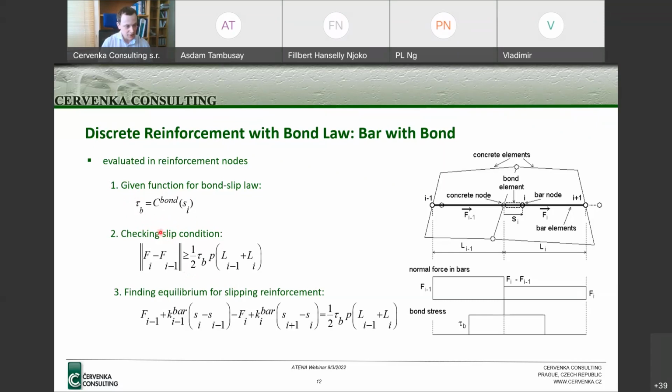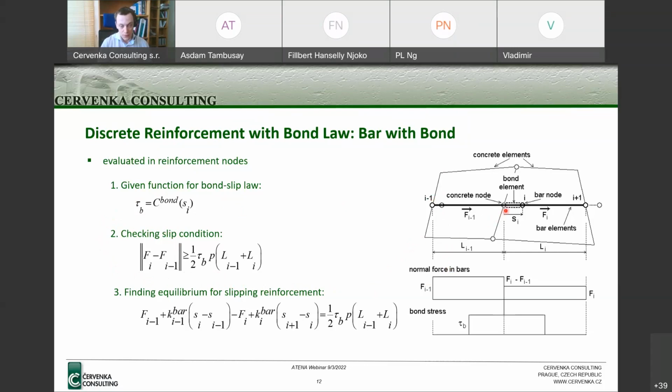This is done through this equation, and at this moment it is important to realize that for the reinforcement bar, this equation is evaluated at each single node.